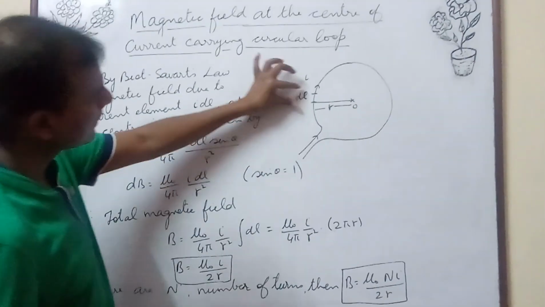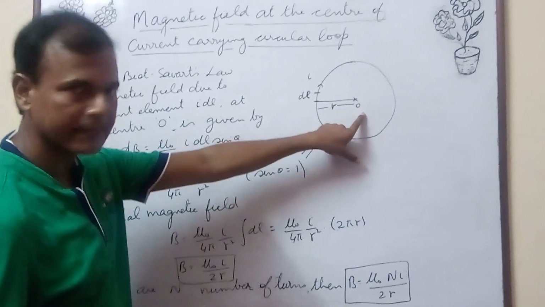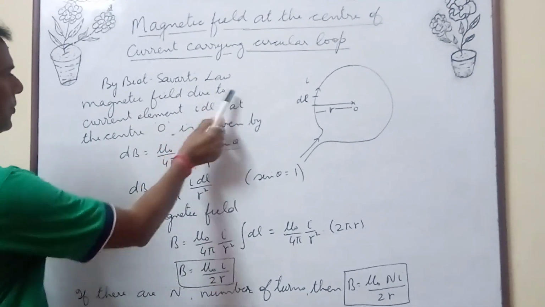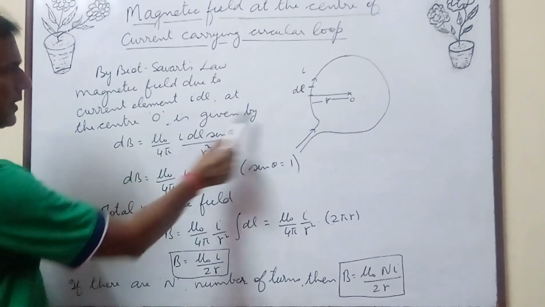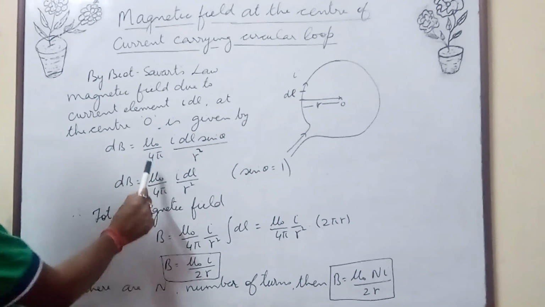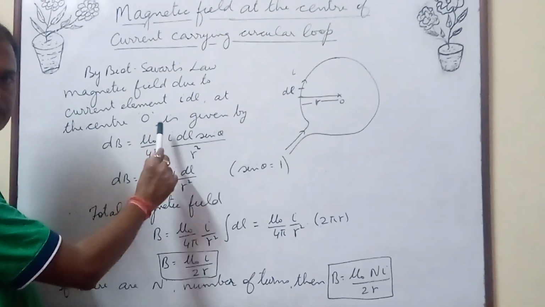I have taken a small length dl here. Because of small length dl, magnetic field at center O, by Biot-Savart law, magnetic field due to a current element I dl at the center O is given by this formula. dB is equal to mu naught upon 4 pi I dl sin theta upon r square. This is the Biot-Savart law.